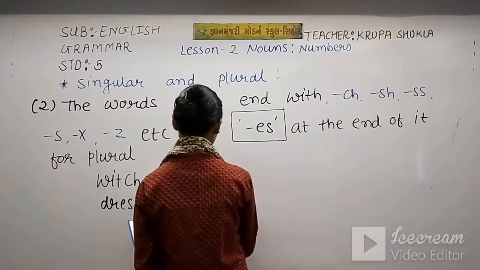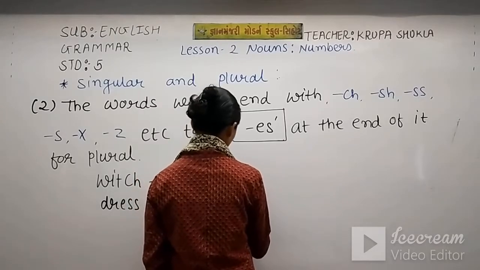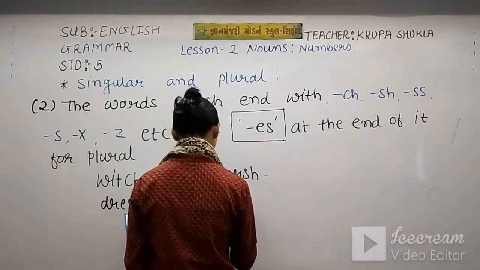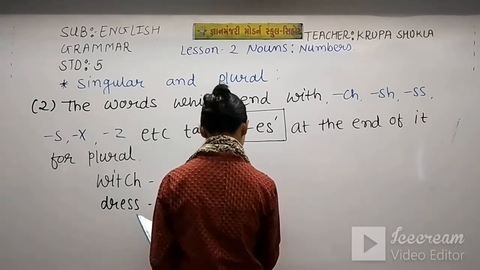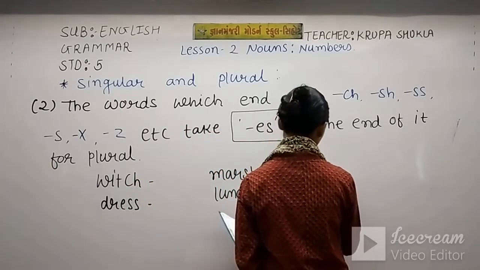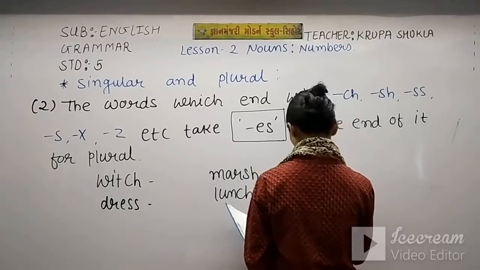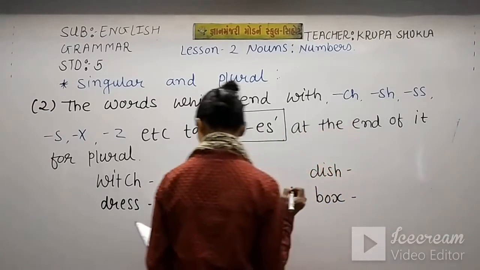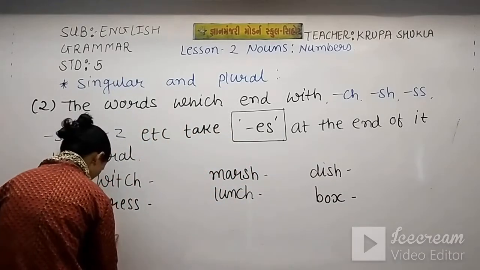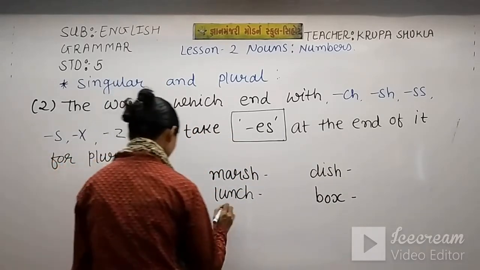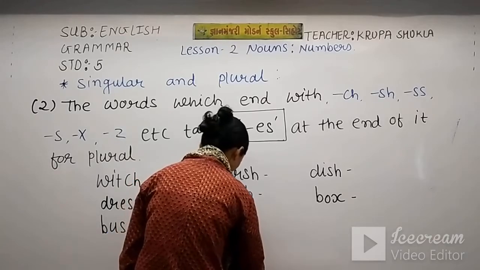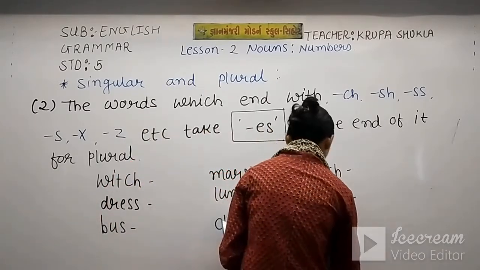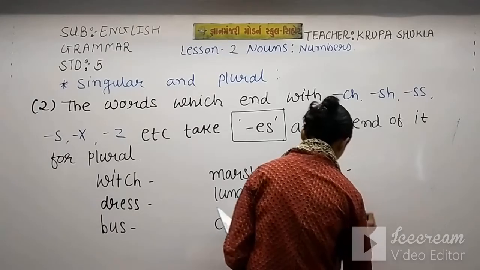Only 2 examples are given. March, lunch, dish, box, bus, church, tax.